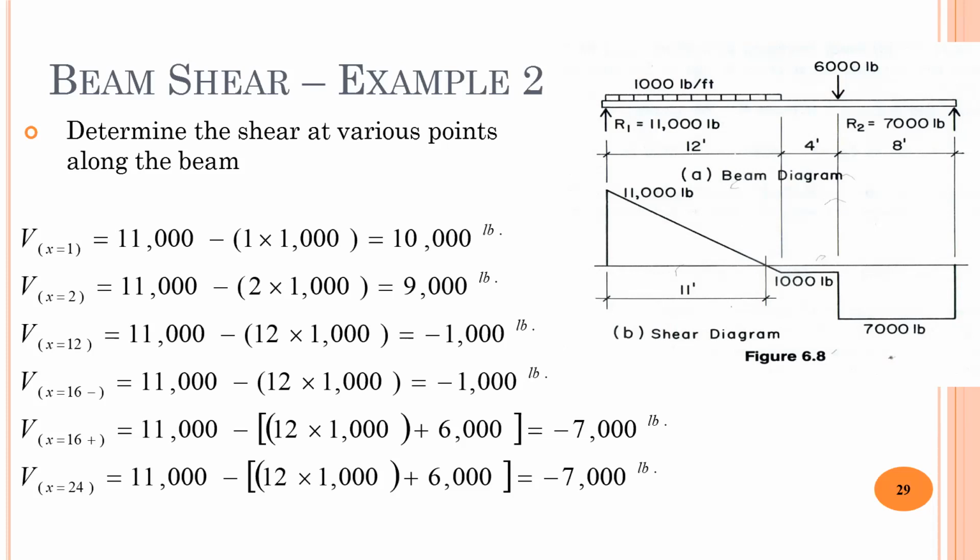That would have been the shear force. What about the shear force when it is 2? It would have been 11,000 minus the UDL, and you do that right along the span. When you put in 11,000, you would know that it crosses 0, because right at that point it crosses 0, right?